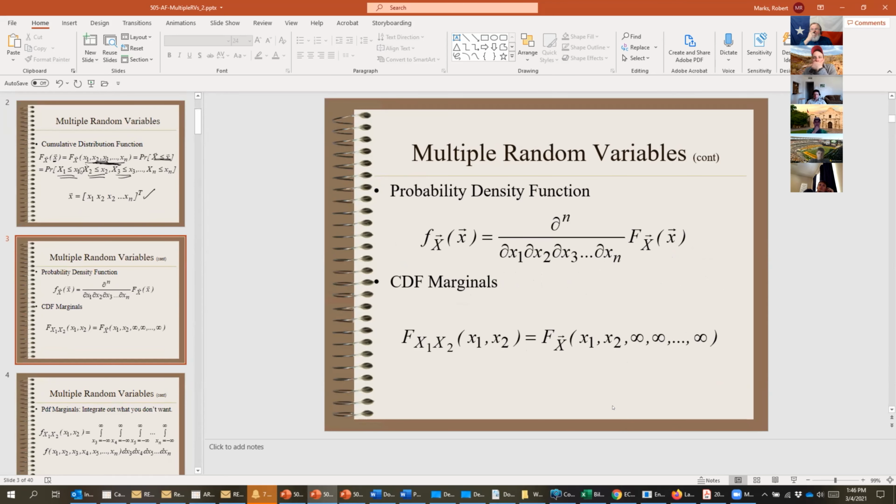And just like in one dimension, we can get the probability density function in a high dimensional space by differentiating the cumulative distribution function over all of the variables.